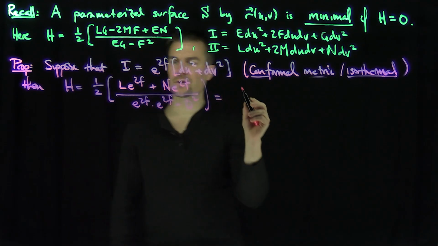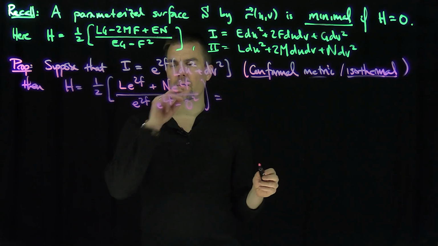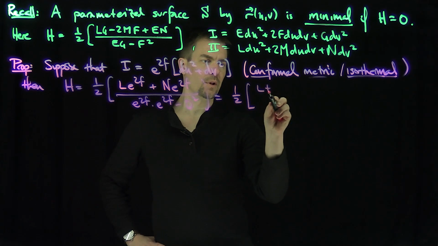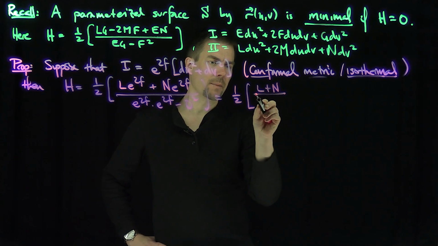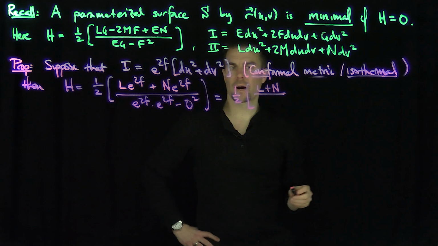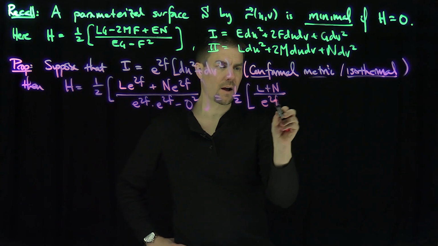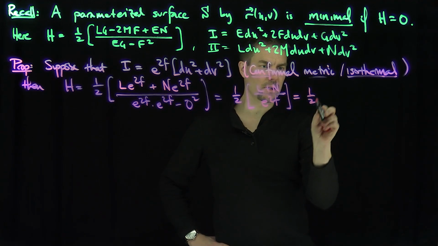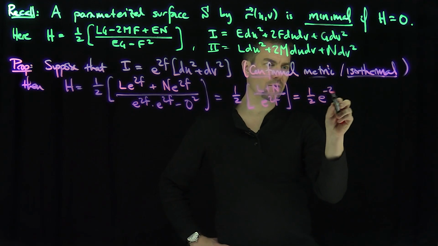There's an e to the 4f, so the e to the 2f cancels, and you get 1/2 times L plus N divided by e to the 2f. So the mean curvature turns into a factor of e to the negative 2f.